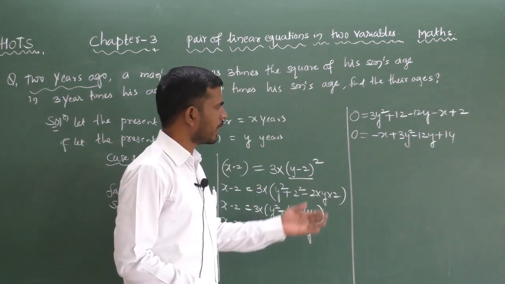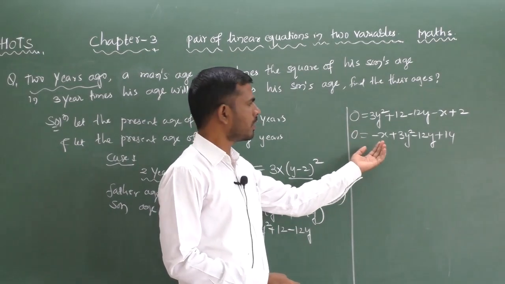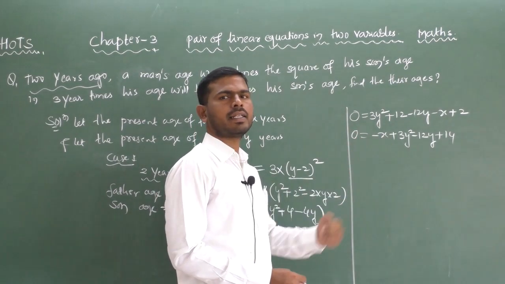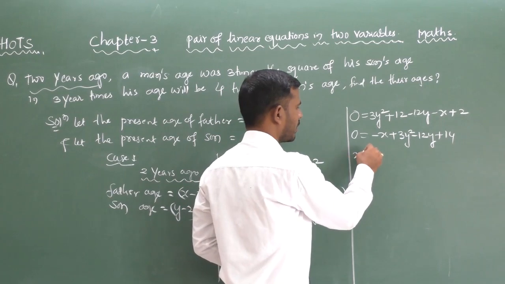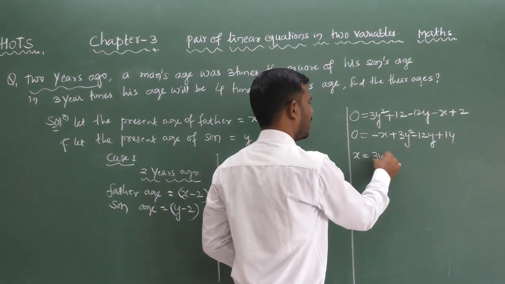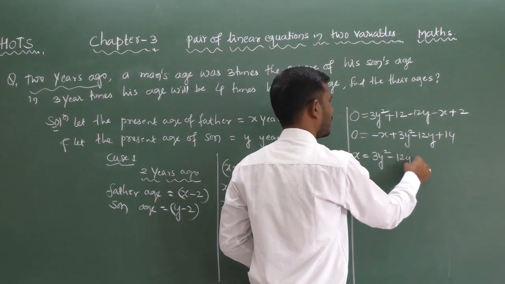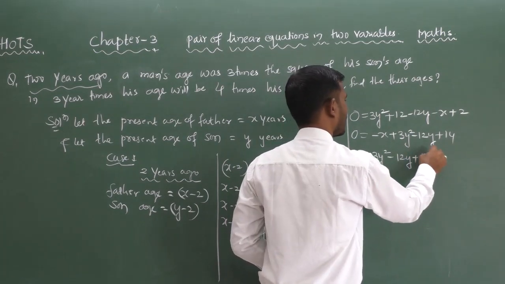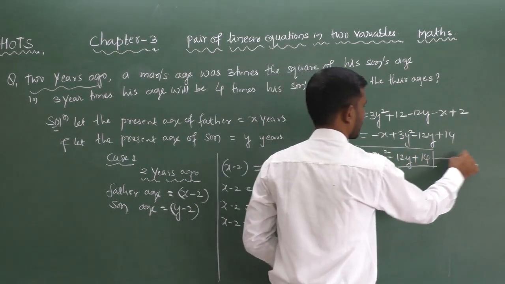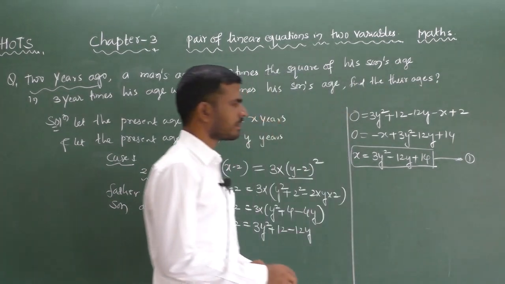Or we can write minus x, and if I take it from the RHS to the LHS it becomes plus x, so x equals 3y square minus 12y plus 14. This is equation number 1.